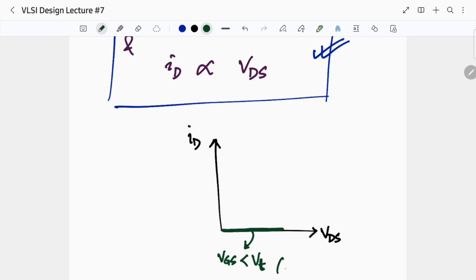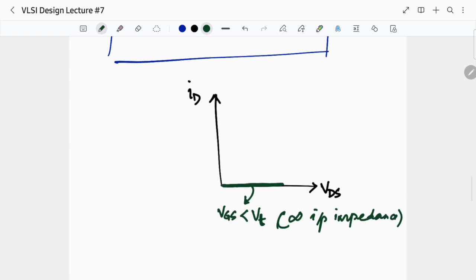So what happens over here when VGS is less than VT? That is infinite input impedance. Impedance is nothing but another word for resistance, so no need to get confused.